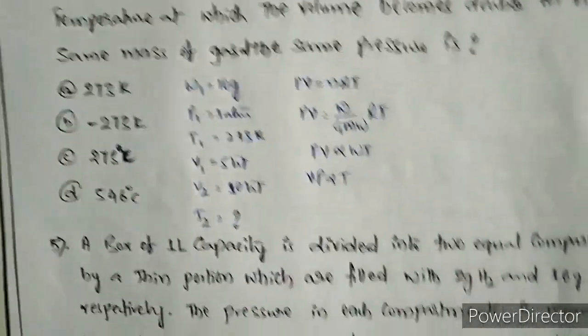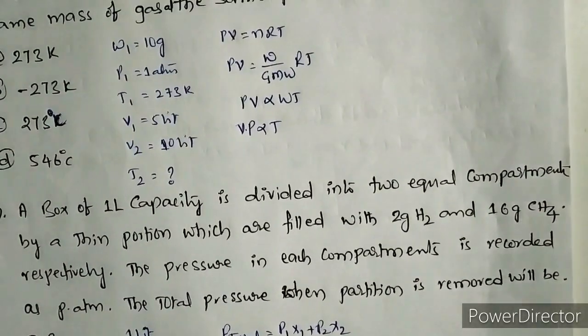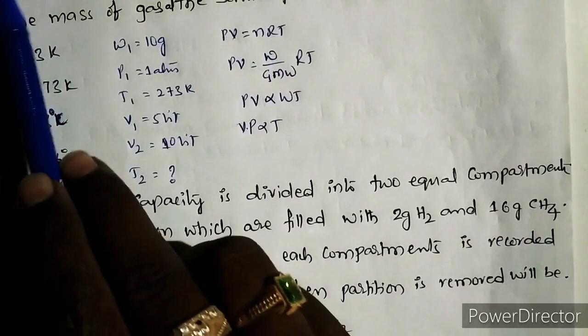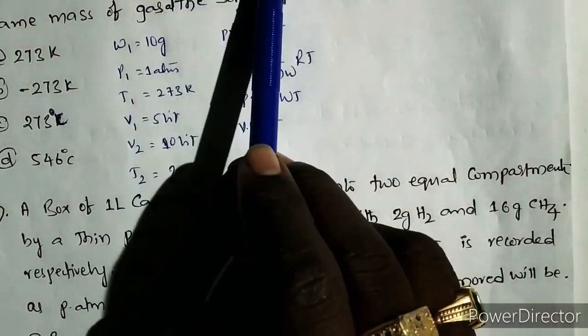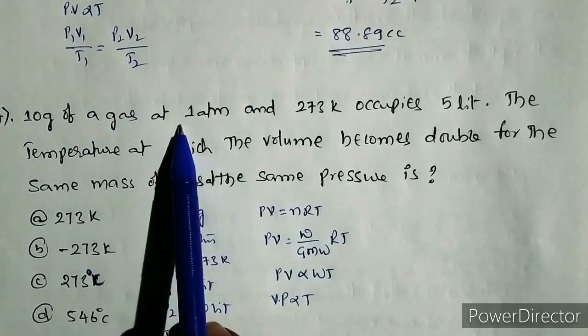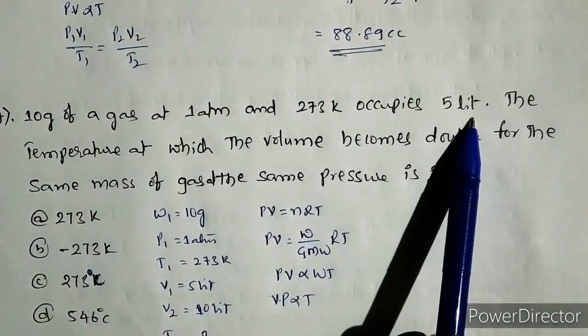Now the fourth question. Look at the fourth question. 10 grams of a gas at 1 atmosphere and 273 Kelvin occupies 5 liters.